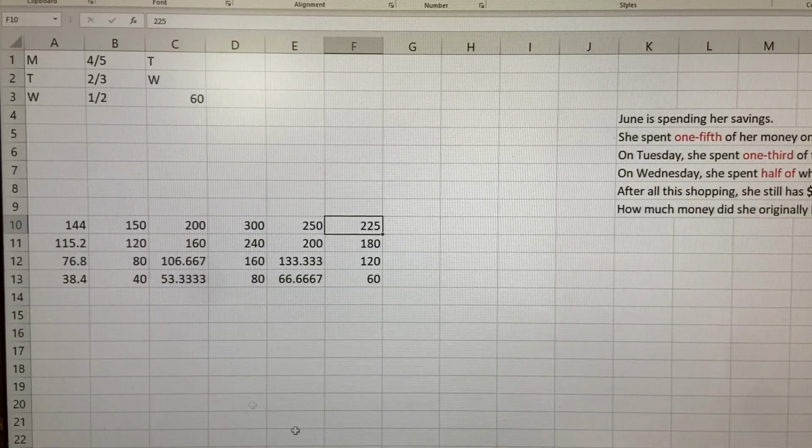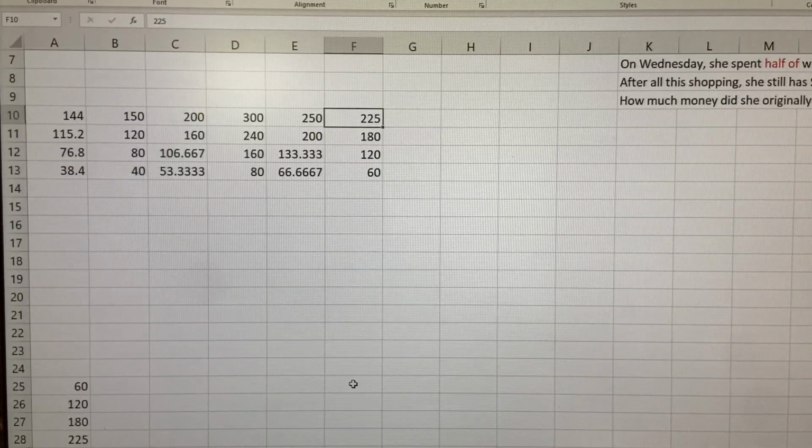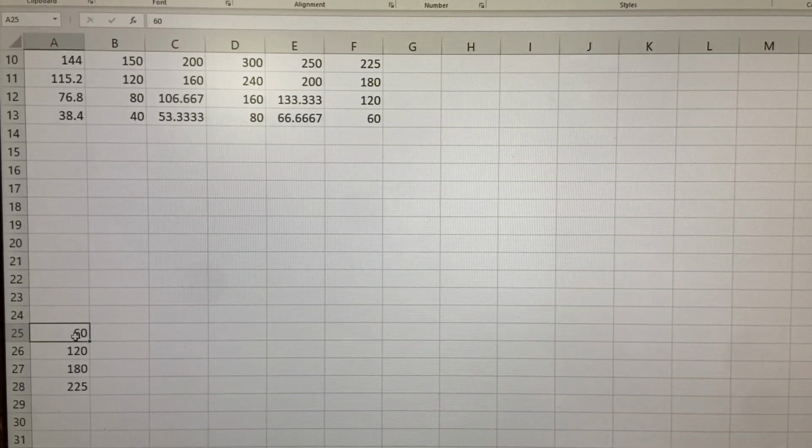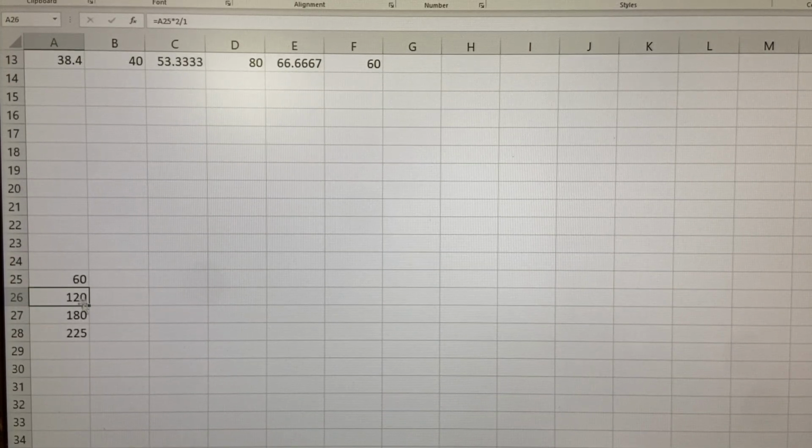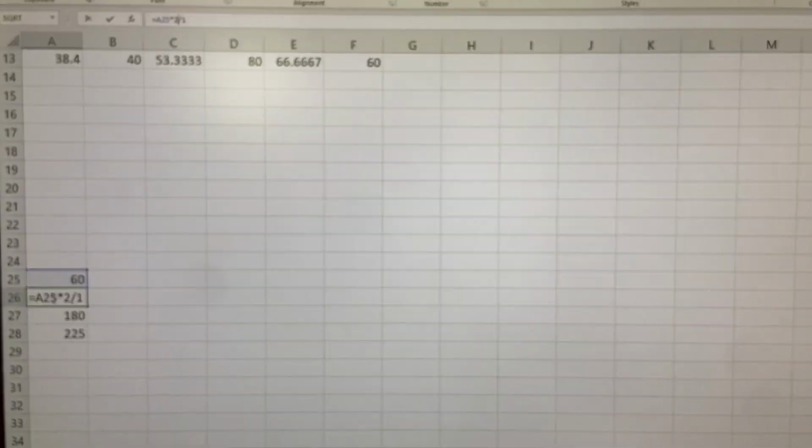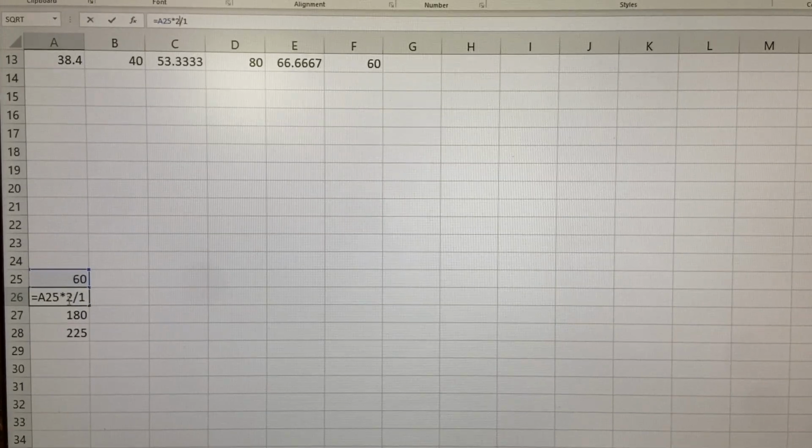Or you can do guess and check with the formulas, and of course you can also do this in Excel, that you start with 60, you plug your reciprocals in. Here is this cell A25 multiplied by the reciprocal of that cell content. This one also is a reciprocal, 3/2, and the last one 5/4.